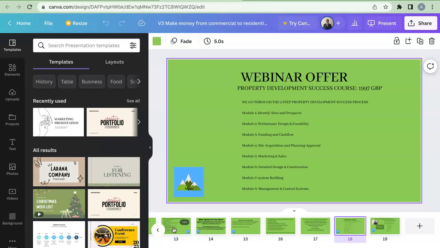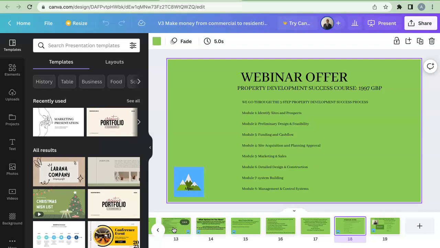Module 5 is marketing and sales. As I mentioned, we would want to get on to this activity as early as possible. And Module 6 is detailed design and construction. All the nitty-gritty of organising designers, specialists, contractors and so on, and how to carry out the most appropriate contracting strategy to deliver your project successfully.